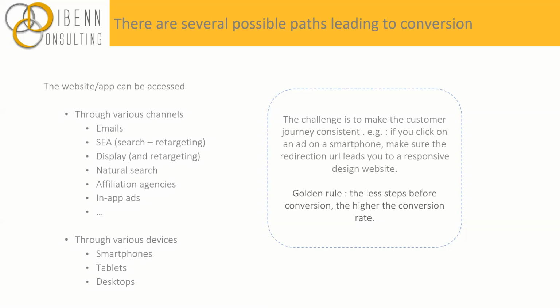Those are the various marketing channels, through various devices and at different moments in time. So at some point it is necessary to gather everything in the same place and make sure that we are still considering the same person when we are tracking its customer journey.